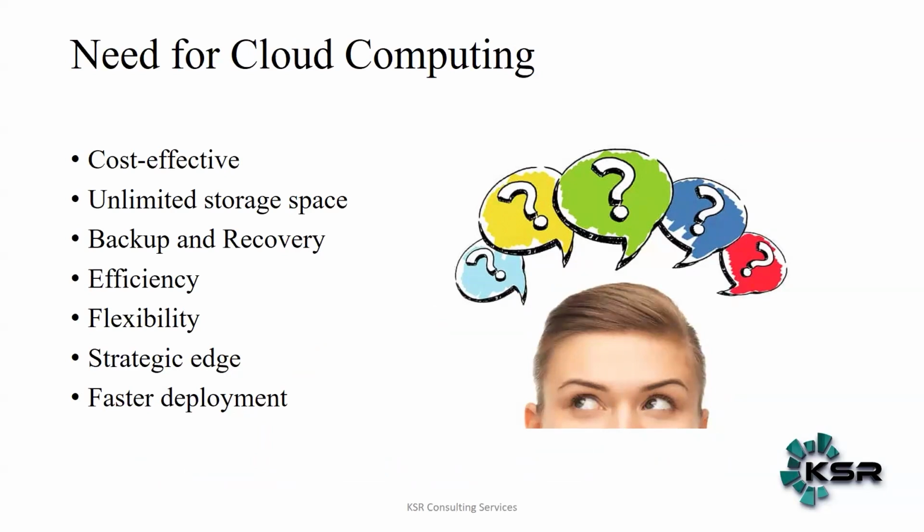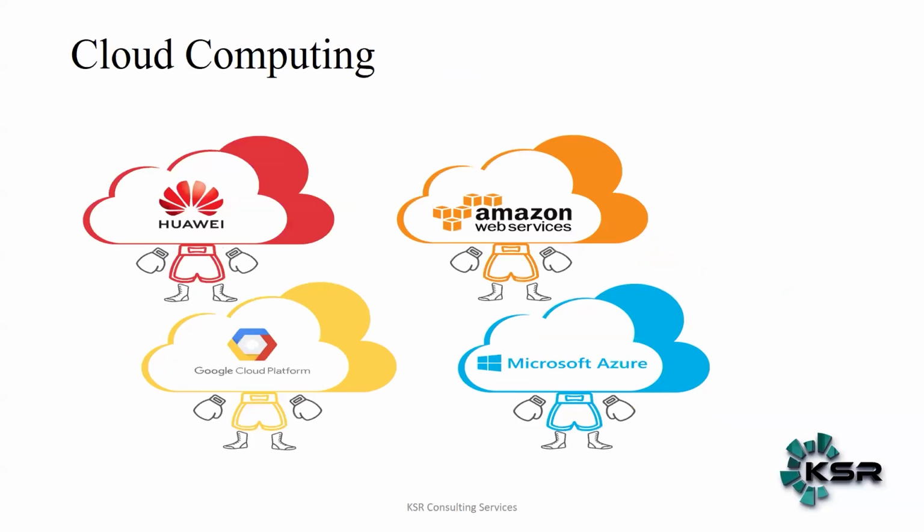All these are flexible enough. And you know what? There are 3 main cloud services that we have: Amazon Web Services, Microsoft Azure, and GCP. All of these provide you services.